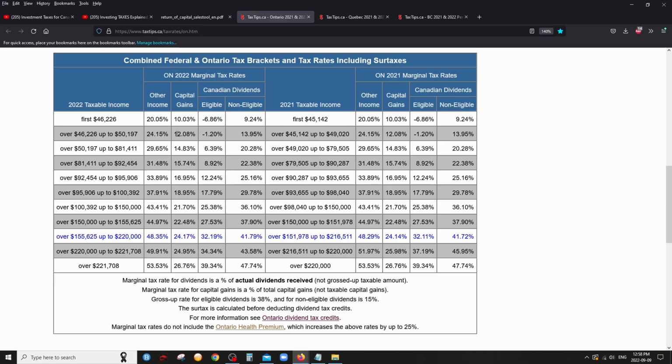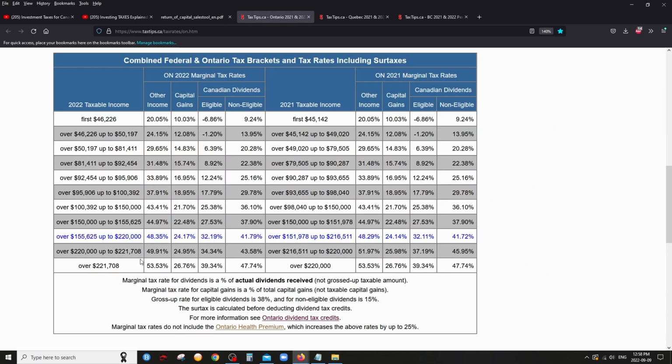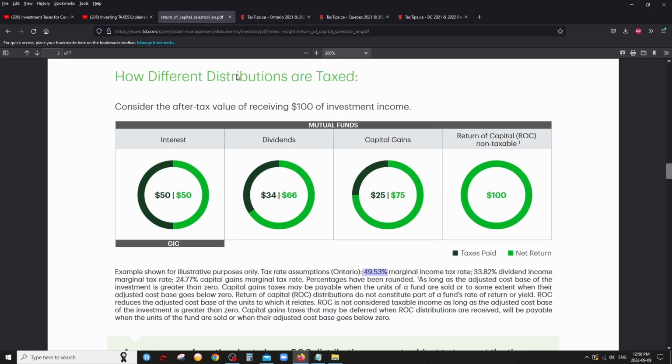So it's very important you understand that this example here is just an example in Ontario at 49.53%. This is actually almost the highest tax bracket here, so this case is really specific to someone in Ontario that makes a lot of money.